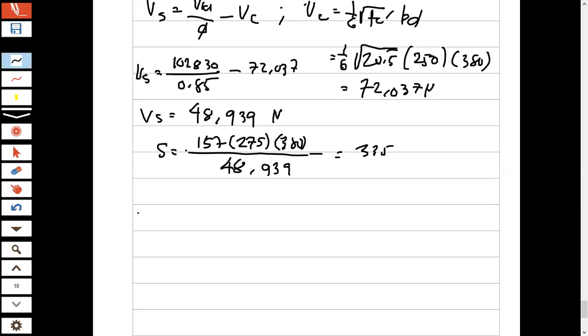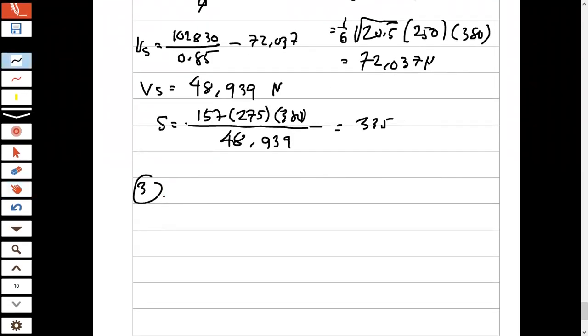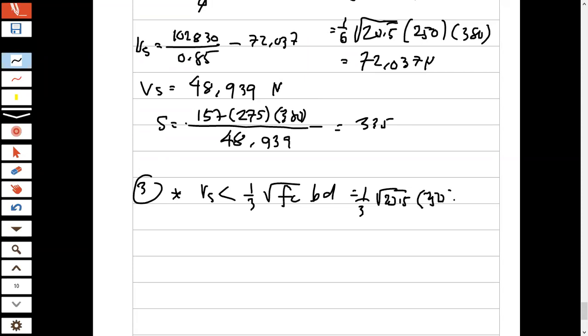Number 3. Question for number 3. Maximum spacing of stirrups. Third question is, using LCP, determine the maximum spacing of stirrups. Okay, so first, when VS is less than 1/3 square root of FC prime BD. 1/3 square root of FC prime, 20.5, you have 250, and then you have 380.